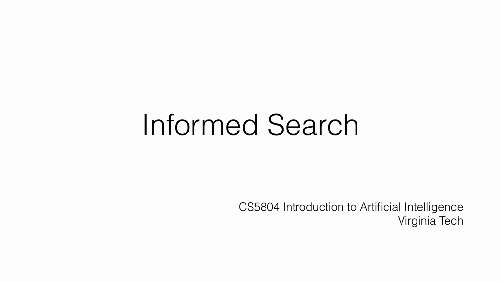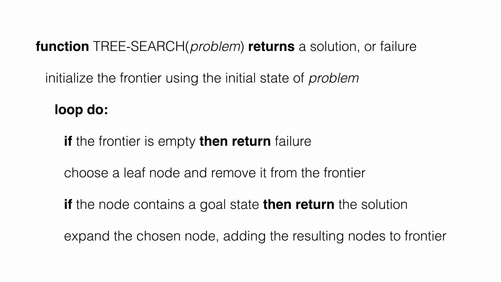There's a general algorithm, and let me just show you this algorithm again. This is the tree search algorithm that we looked at in the last video. It comes out of the textbook, where the idea is you're going to maintain a frontier. You initialize the frontier by putting the initial state into it, and then you iteratively grab a state out of the frontier.